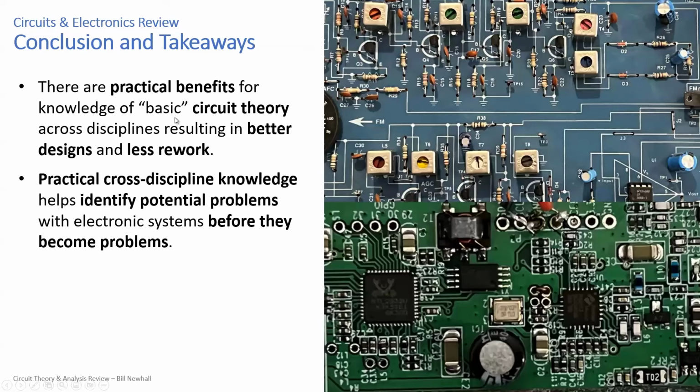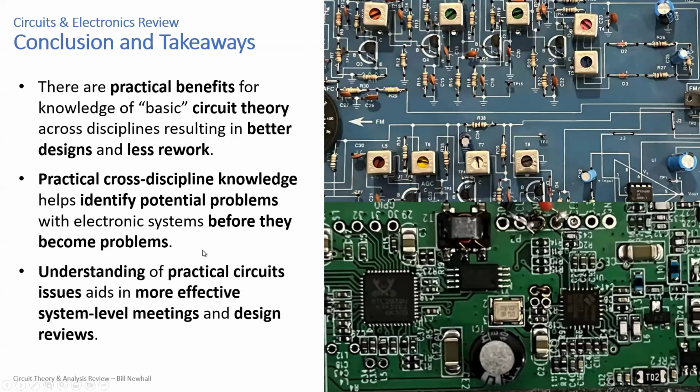And there are some practical cross-discipline knowledge topics that help identify potential problems before they become problems. So it's good for a mechanical engineer to work with an electrical engineer and have some knowledge of electrical engineering so you can help point out problems that maybe you see could happen.